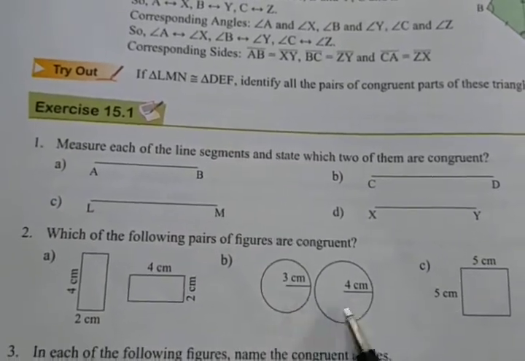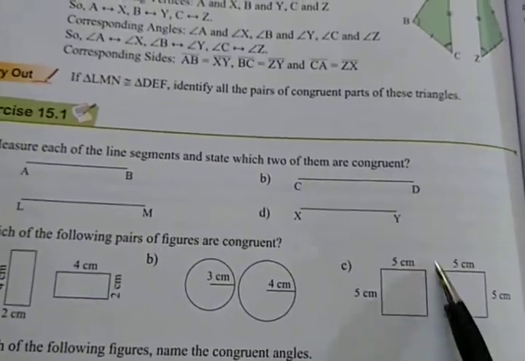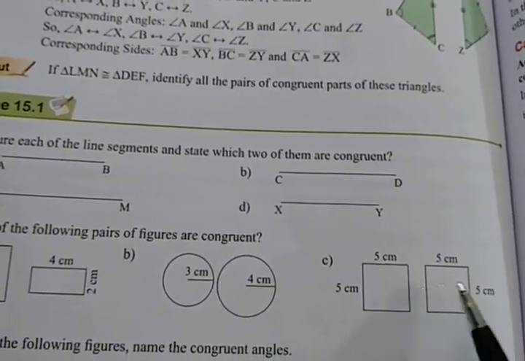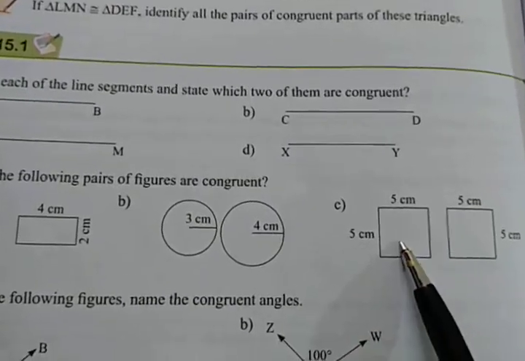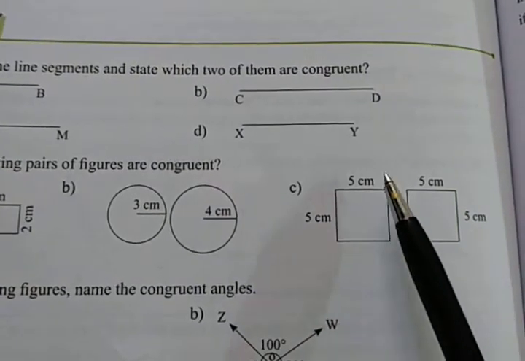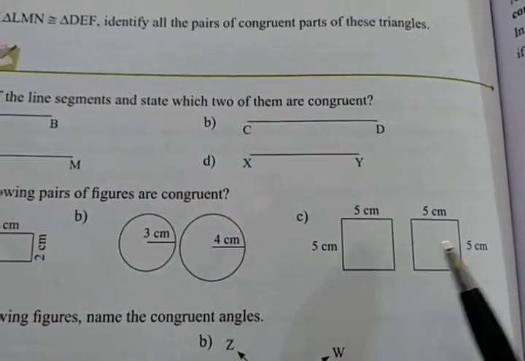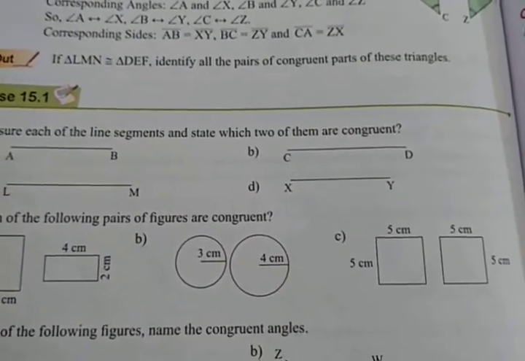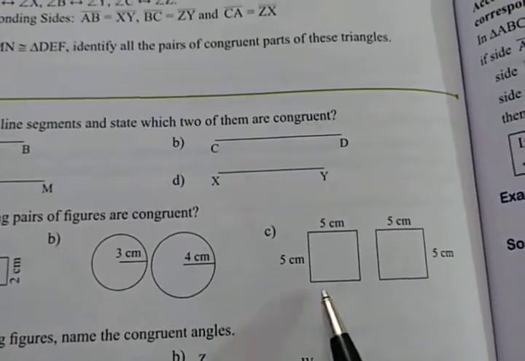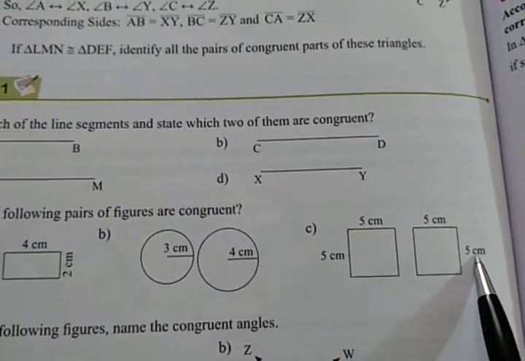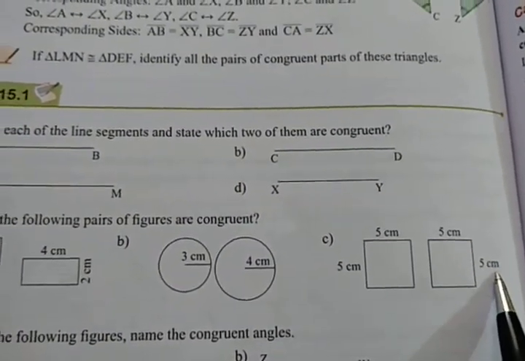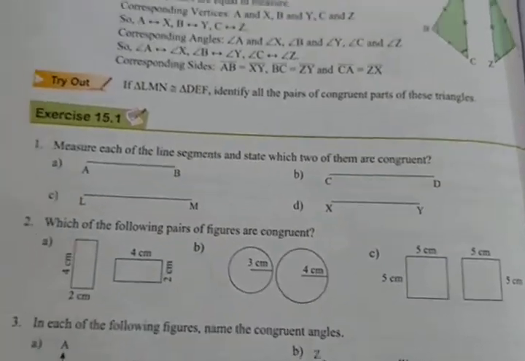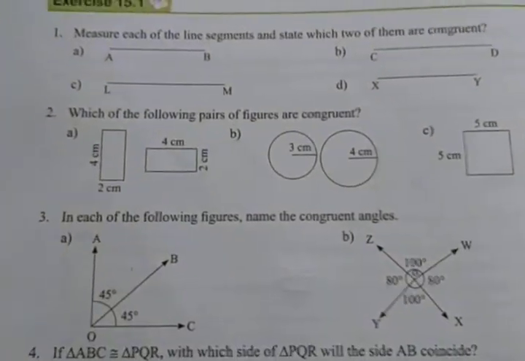No. Then in part C, these two squares are given with side 5 cm. So you can say this pair of figures is congruent.